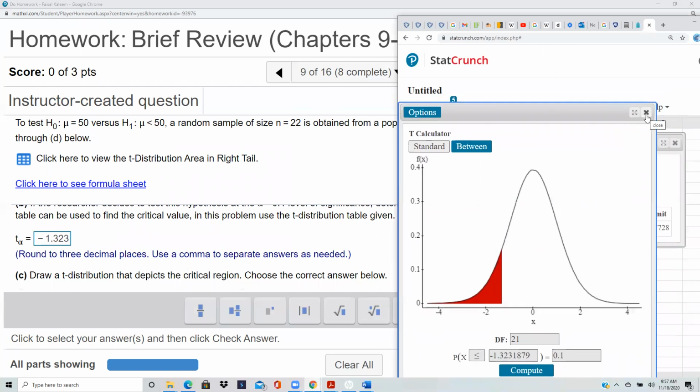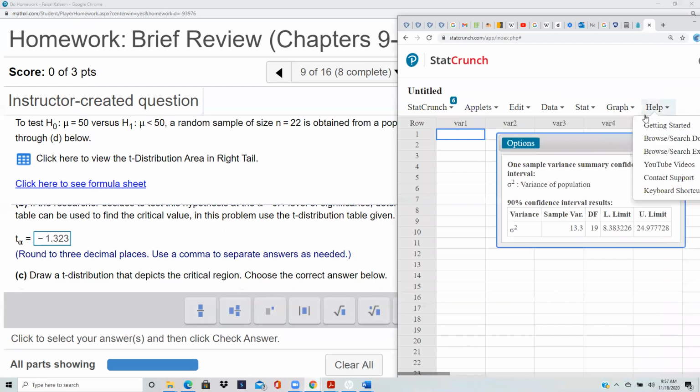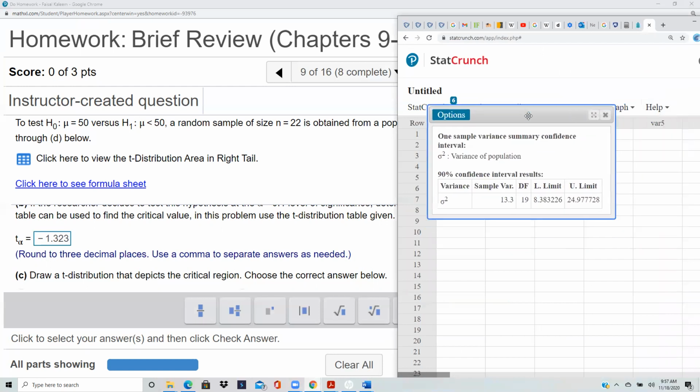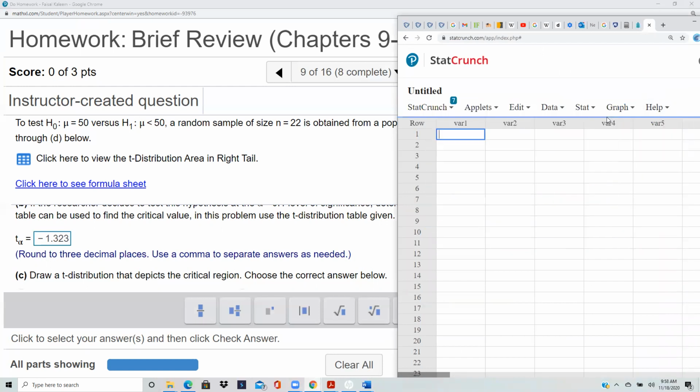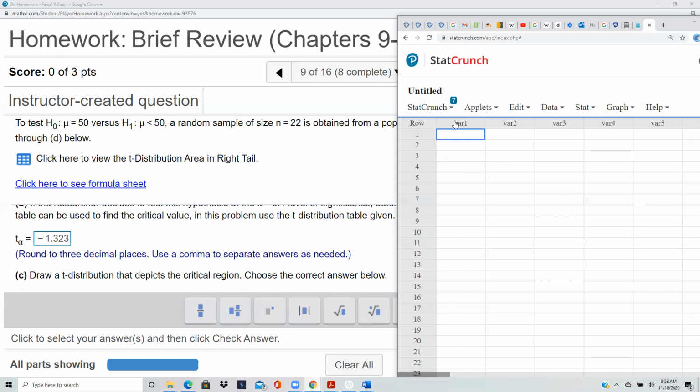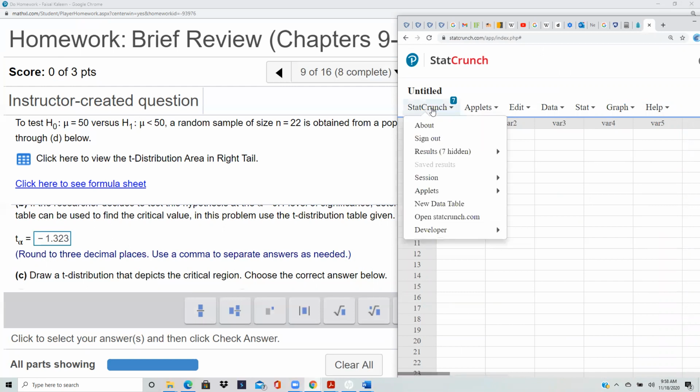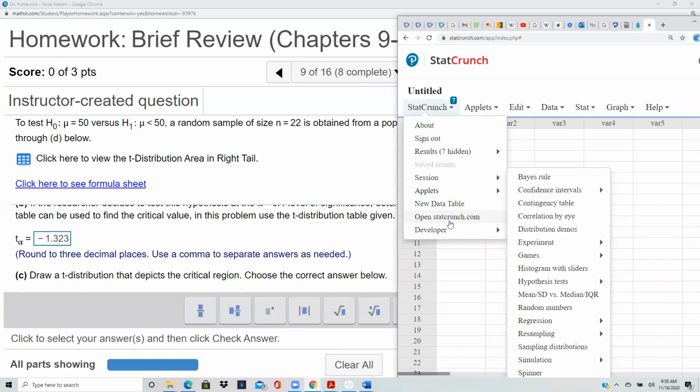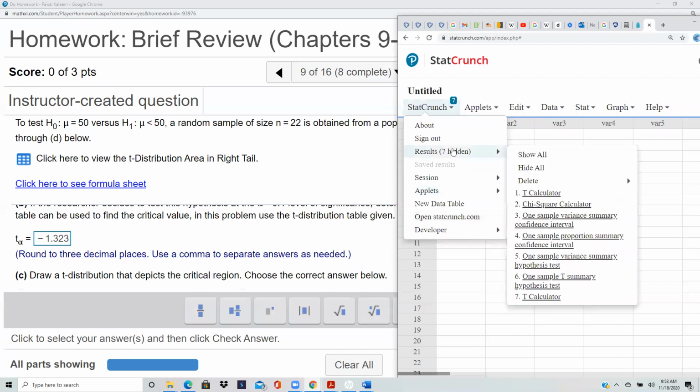Okay, if we close this one and close this one. Oh, okay. So let's see. Developer 7 hidden results. T calculator. So is it this?